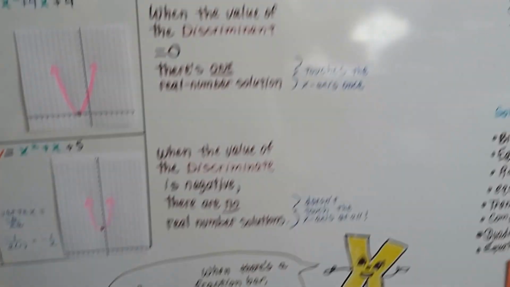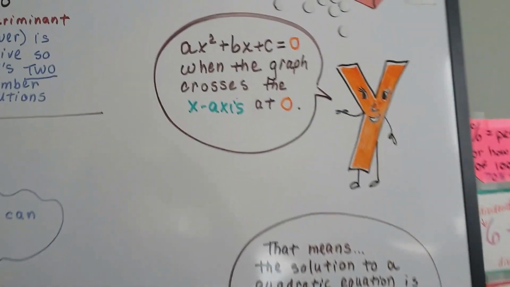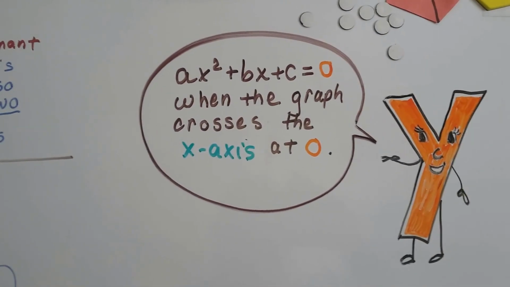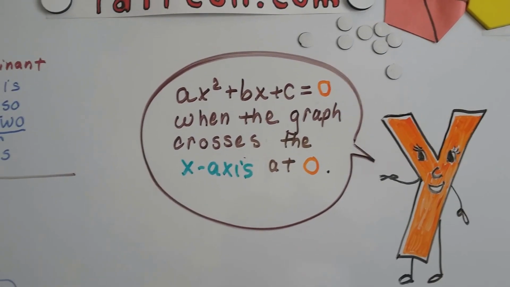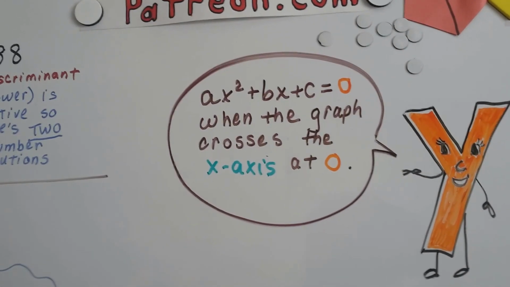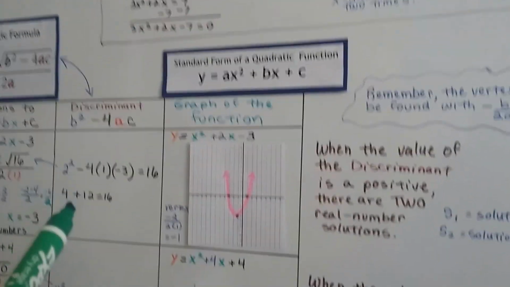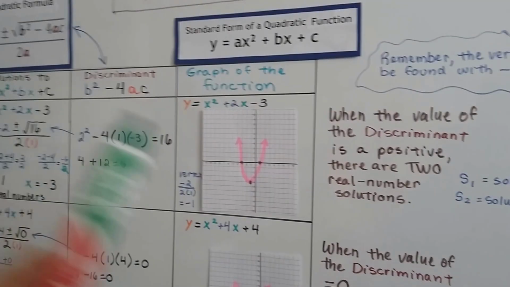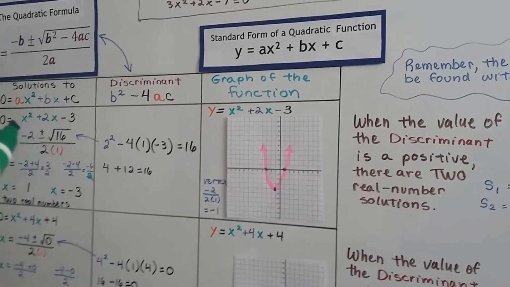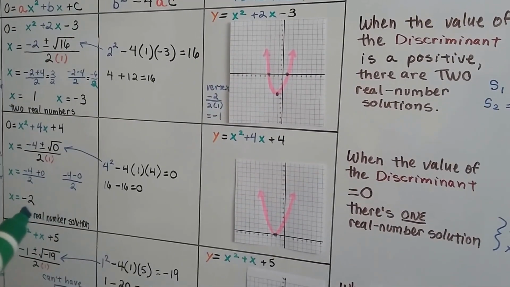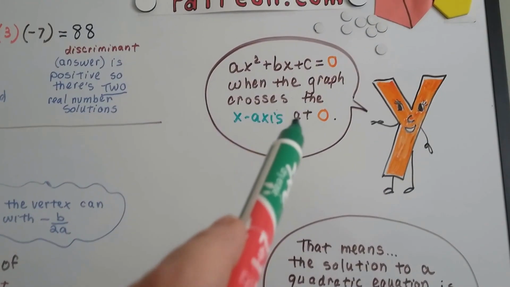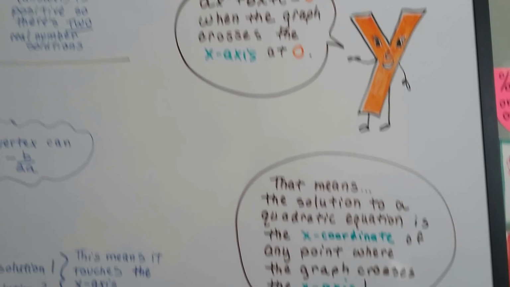All right. The other thing I want you to keep in mind is when you've got a quadratic equation that's set equal to 0, the graph crosses the x-axis at 0. So if our equation equals 0, and when we solve this quadratic equation the answer is x equals 0, that means it crosses the x-axis at 0, okay?